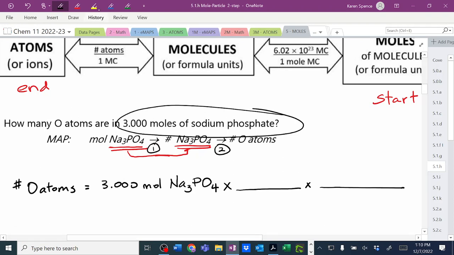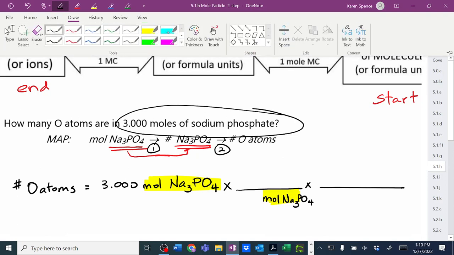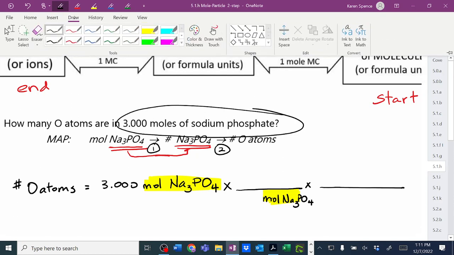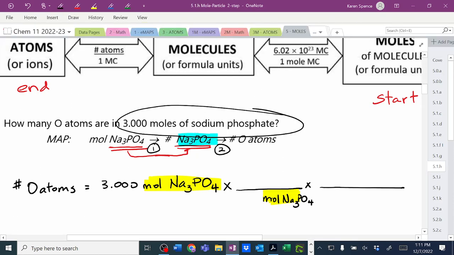So we need to cancel moles of Na3PO4. And we are finding the number of Na3PO4.